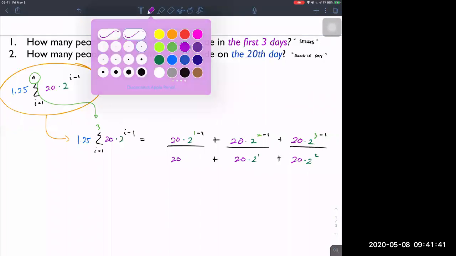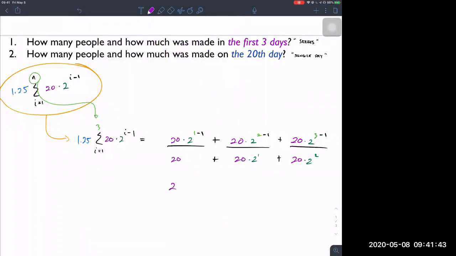So then it becomes 20 plus 40 plus 80, which means that you reach 140 people.